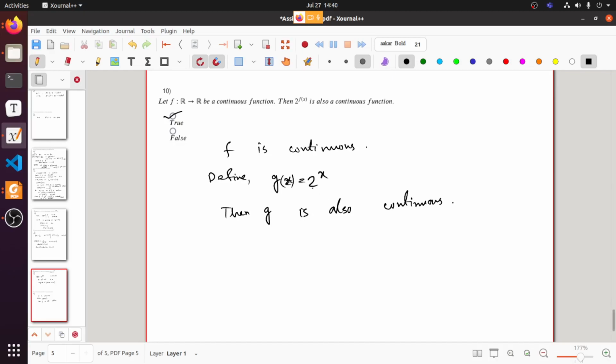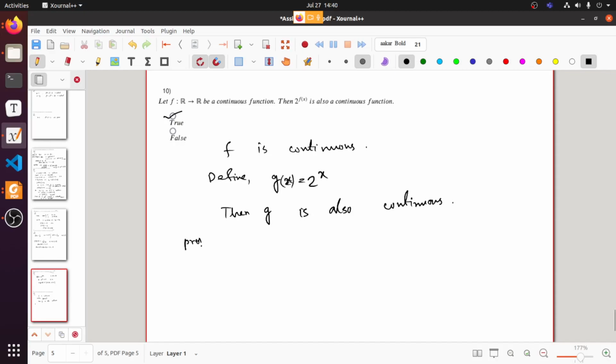This you can easily prove by the sequential criterion. Suppose xn converges to some x, then by the limit, 2 to the power xn will converge to 2 to the power x, right? So g of xn converges to g of x, so g is also continuous. And now the composition of two continuous functions is continuous.